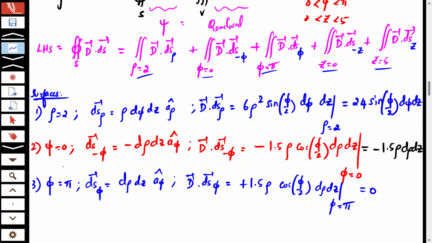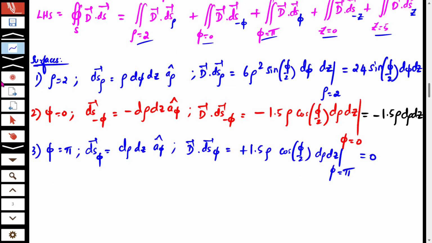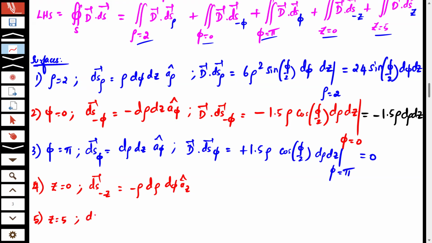Now, for the fourth and fifth surfaces, we should consider D dot dS. For the fourth surface, which is z equals 0, which is dS in negative z direction, we write dS vector as minus rho d rho d phi az cap. And for the surface z equals 5, positive z direction, it will be plus rho d rho d phi az cap.